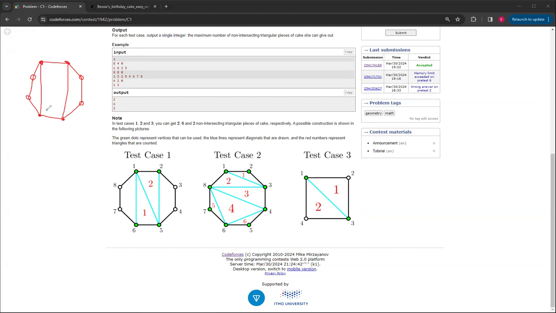Now there's 1, 2, 3, 4, and that means that 4 would work.